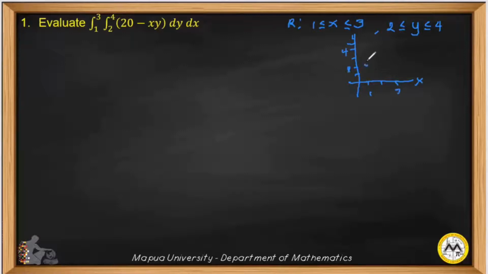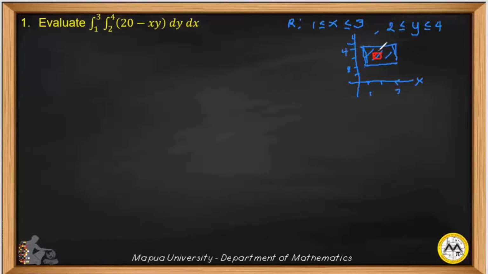Hence, the rectangular region is this region, the shaded region, where x goes from 1 to 3 and y goes from 2 to 4. So we can represent the differential of A as an element here.